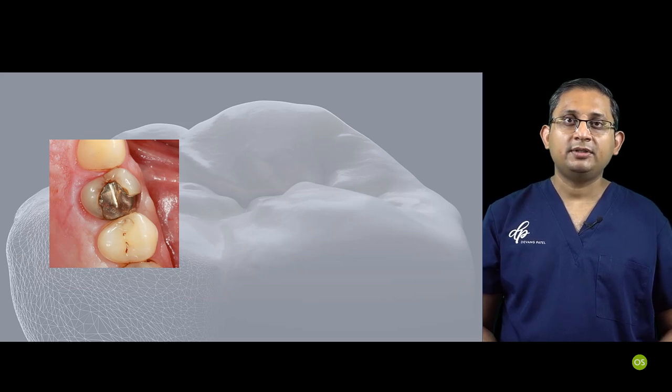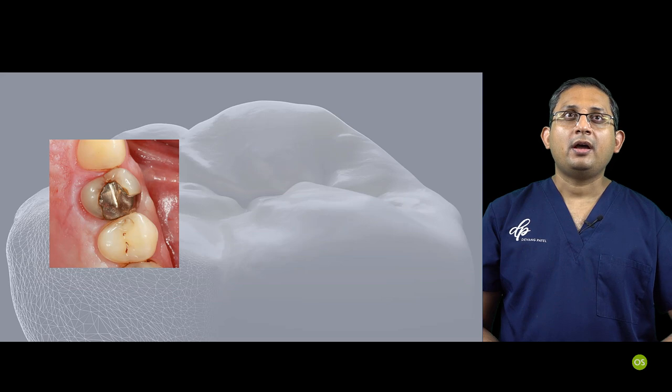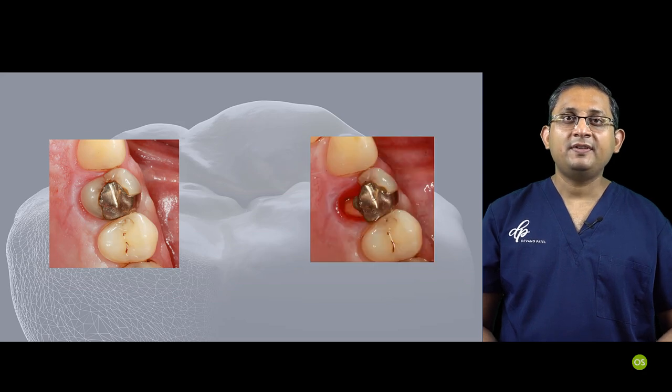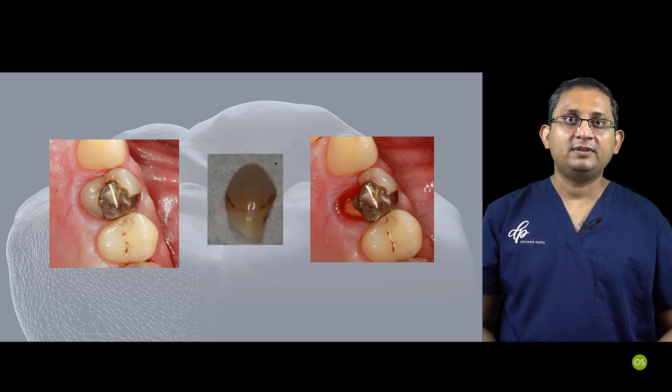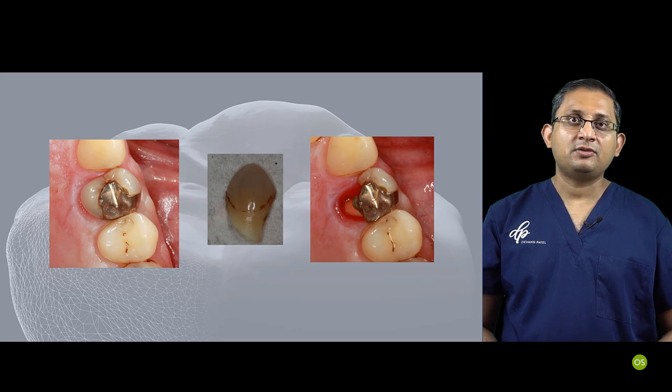I discussed this with the patient and told him that it would be best that we do some cuspal coverage for this tooth. However, the patient was going abroad and he decided to delay the treatment, and within a few months he came back with this broken tooth, and unfortunately this tooth had to come out.